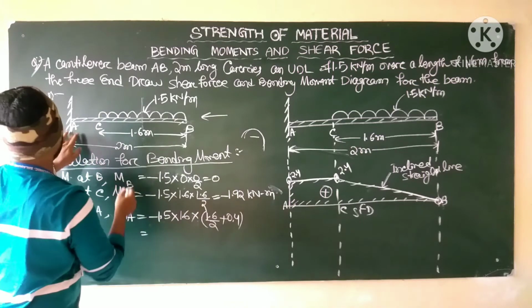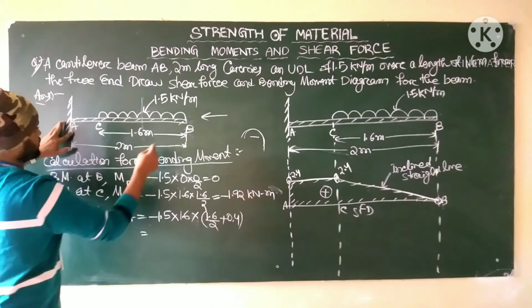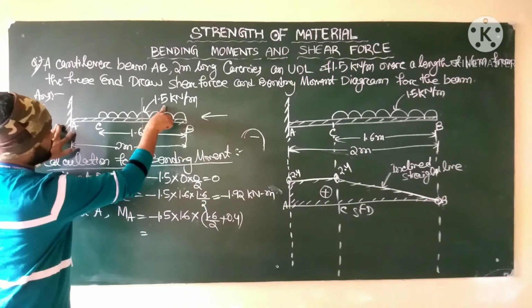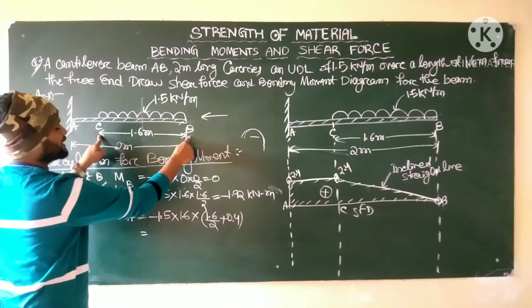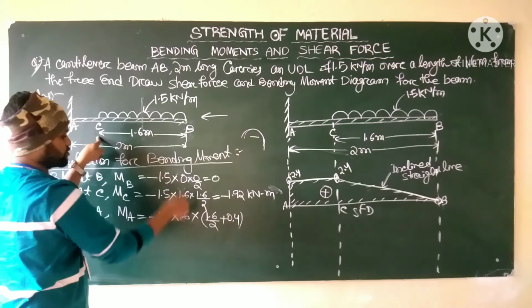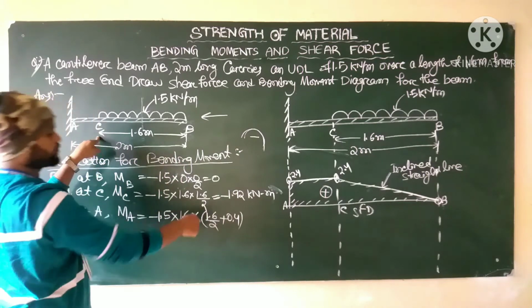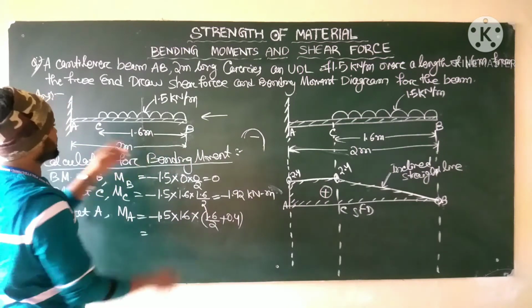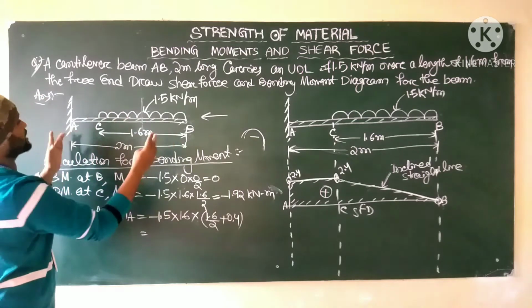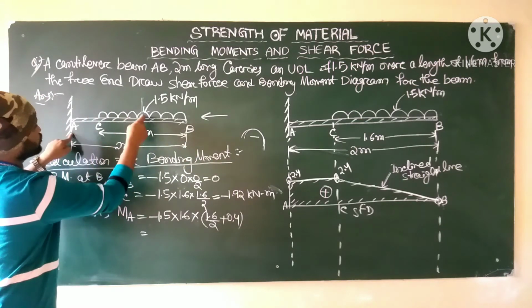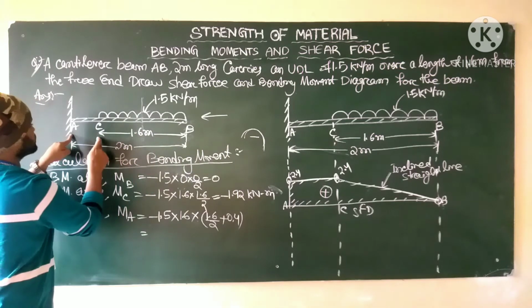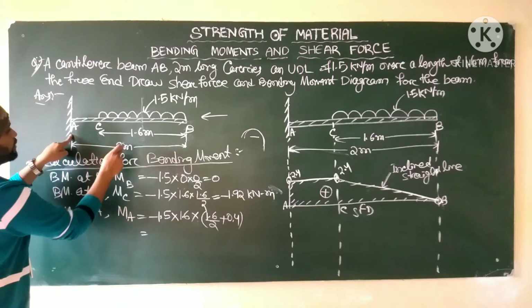Next, when we calculate at point A, total load is 1.5 kN per meter into how much distance the UDL applied? 1.6. So multiply 1.6 into the x by 2, or x by 2 is the half of the distance. That means from A to half, from A to its half. So A to C distance is how much? 2 minus 1.6.